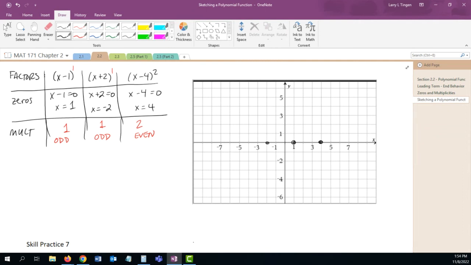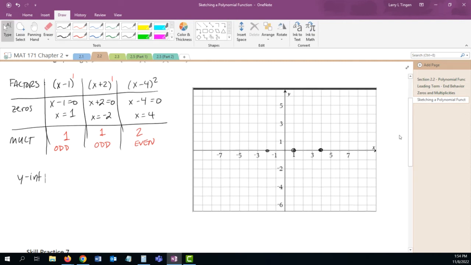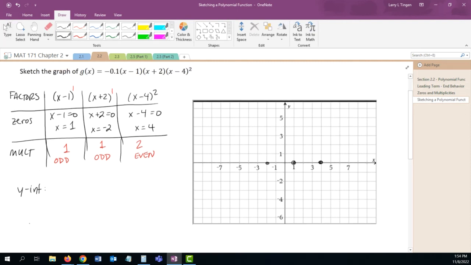What else can I find? I can also find the y-intercept. You can just plug in numbers. What's the y-intercept of this original function? Well, I just plug in 0 for x and see what happens.